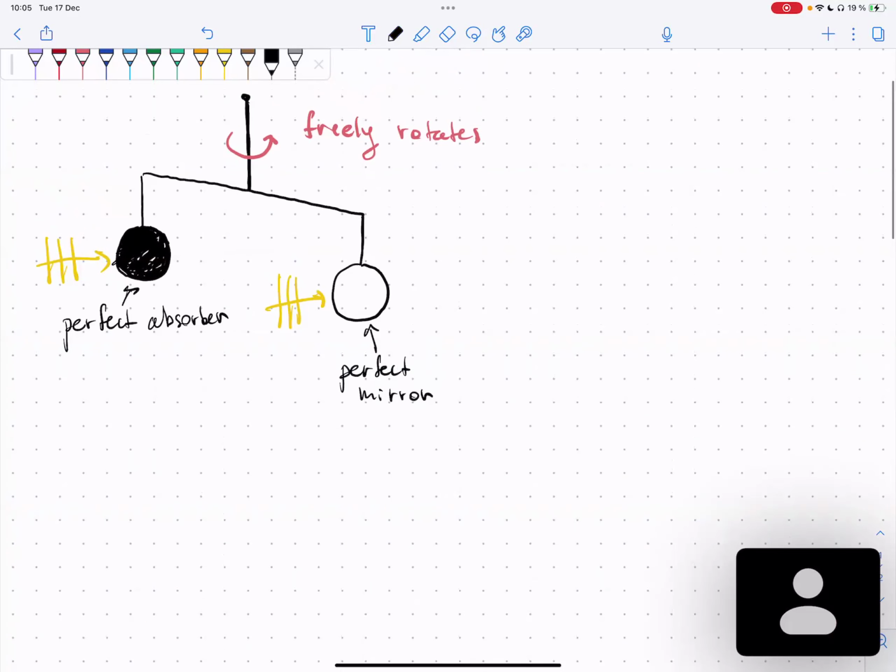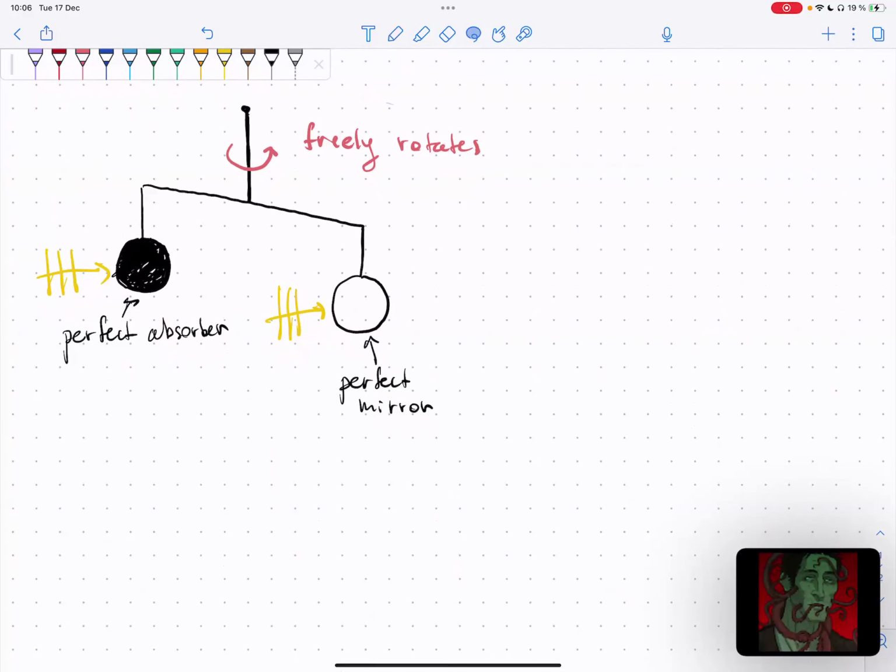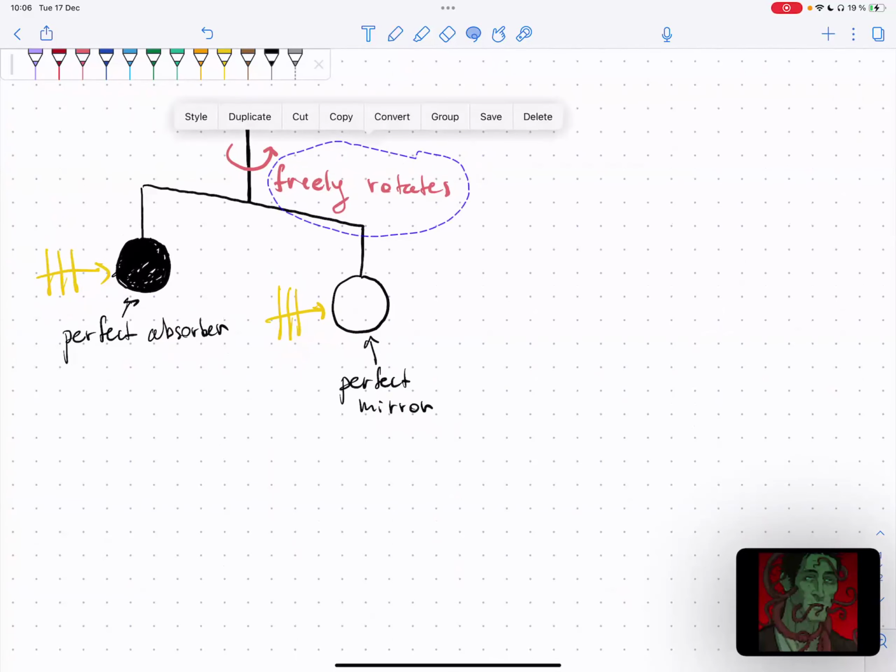So what do you think will happen when I shine the light on this structure? I think there should be some kind of light pressure. The perfect absorber is going to absorb the light and change its momentum.